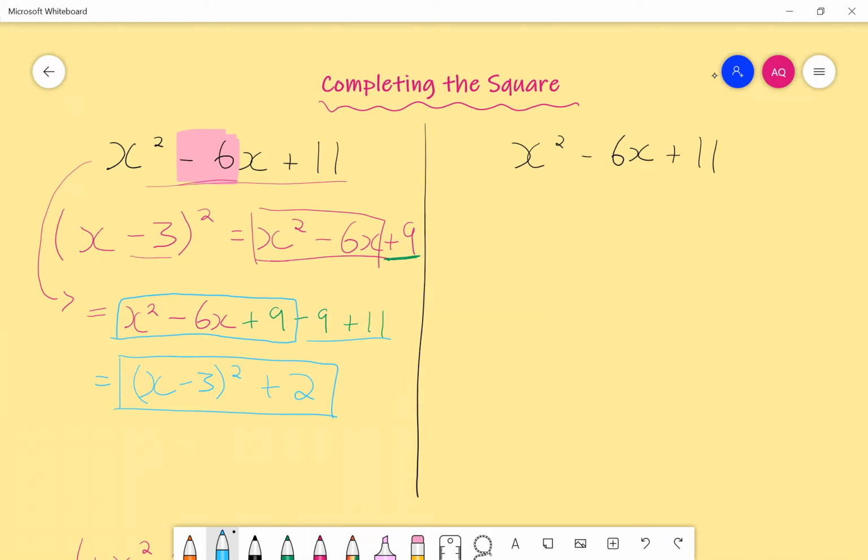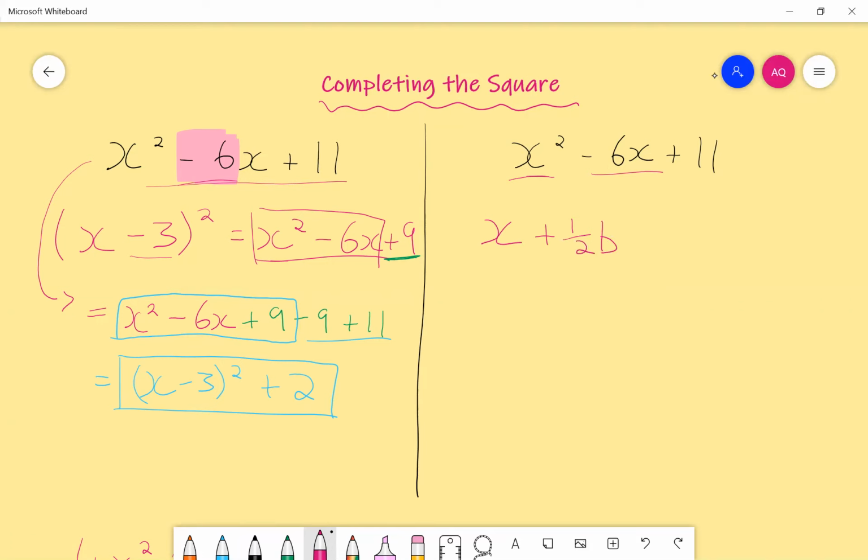The second way is going to give us the same answer, but this one is probably a little bit quicker, though it takes a bit of memory as well. So basically what we can say is if you have an expression or equation which has a single x squared at the start, the completed square will always be x plus half the x coefficient. Now, how will that work?